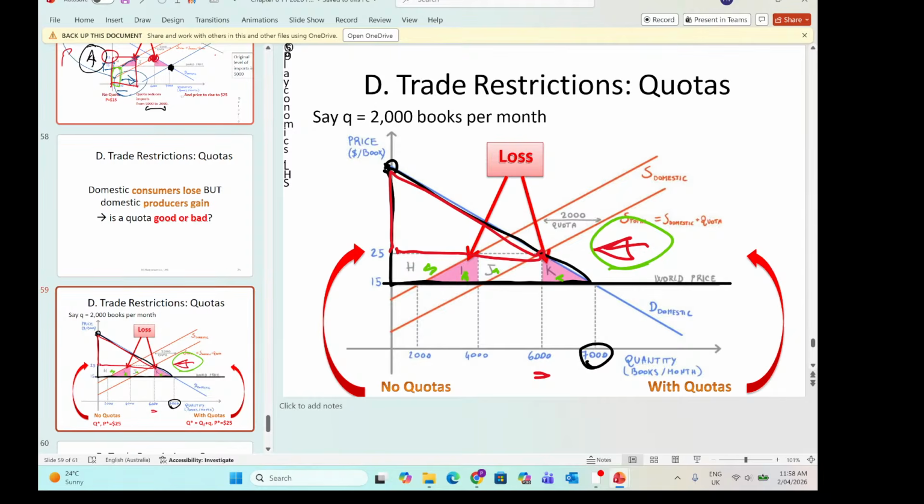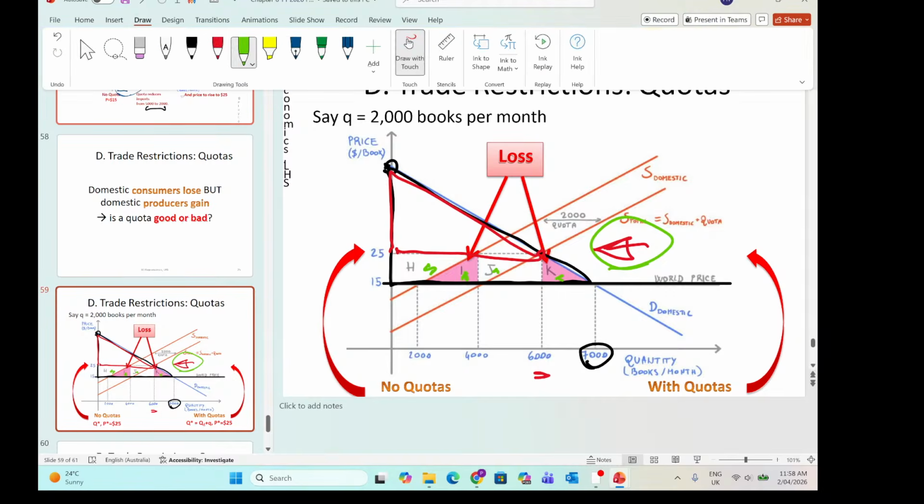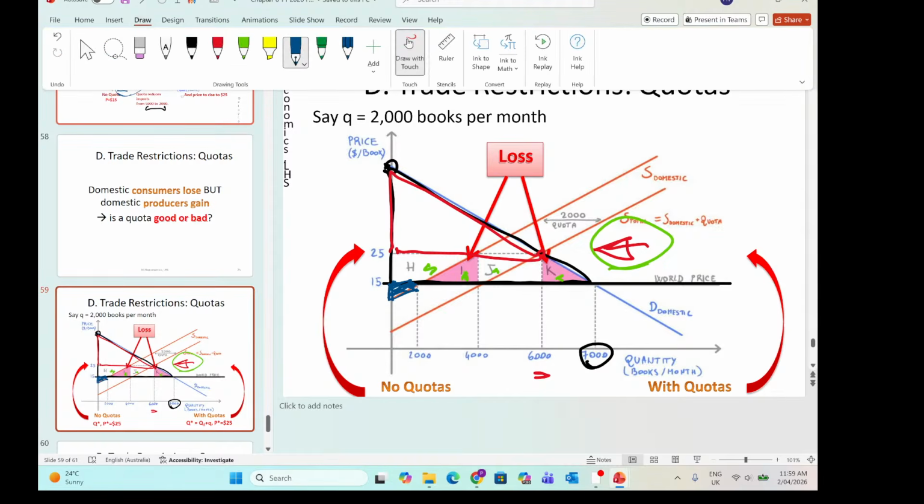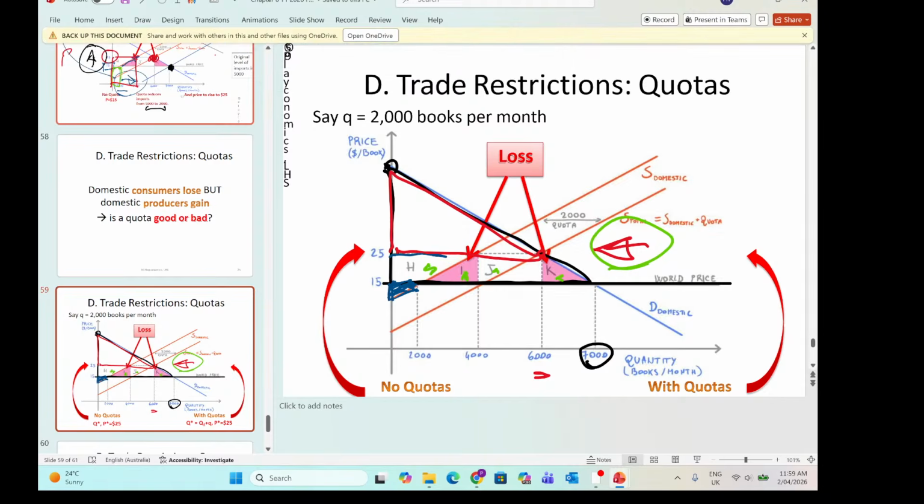All right, now let's think about the producer surplus. What was the original producer surplus? At $15 and 2,000, the tiny little triangle that I'm shading in here was the area of producer surplus. But now the producer surplus is bigger because now there's a new price.